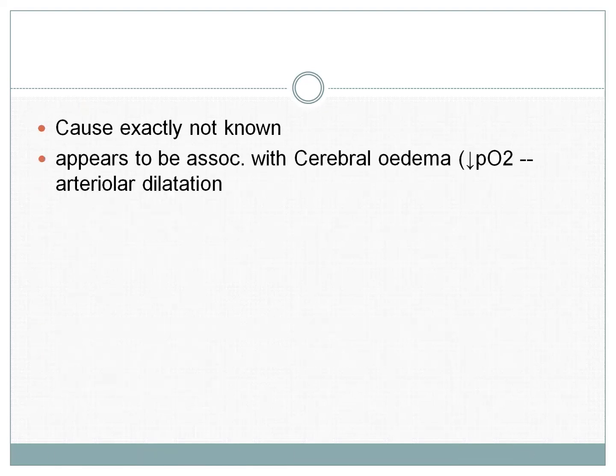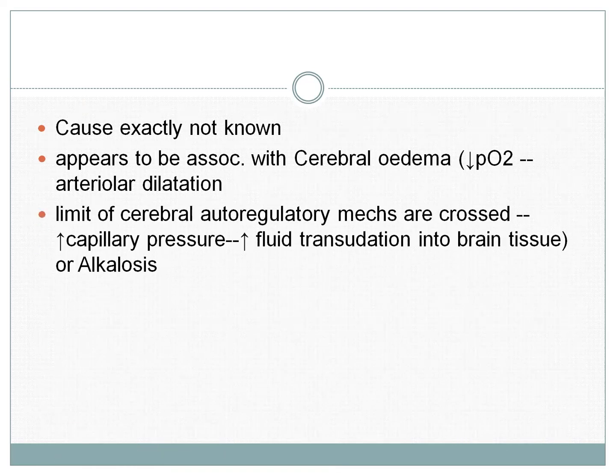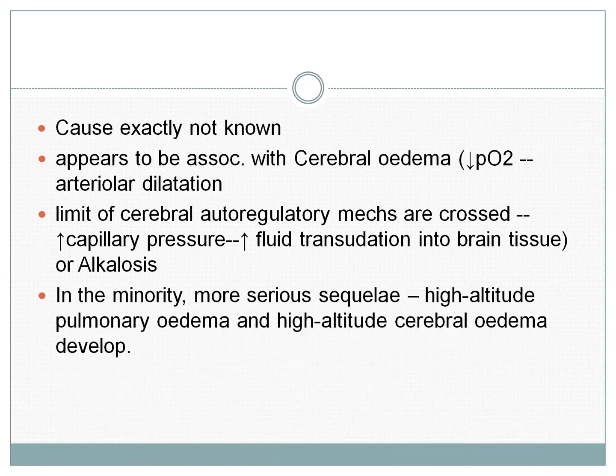The cause is not exactly known. It appears to be associated with cerebral edema. Due to the decrease in oxygen, arteriolar dilatation will be there, and that can lead to cerebral edema. The limit of cerebral autoregulatory mechanisms will be crossed, and that increases the capillary pressure, causing increased fluid transudation into the brain tissue, or it can lead to alkalosis. In a minority of persons, more serious sequelae can occur.